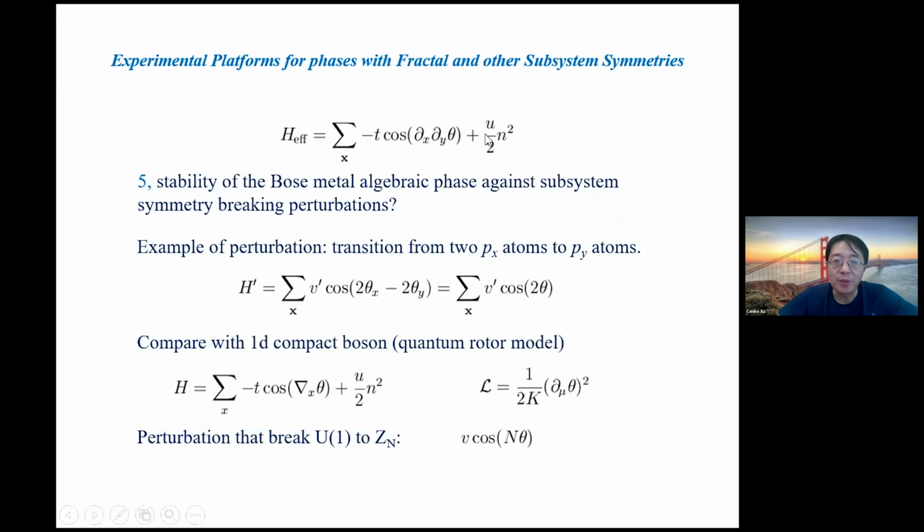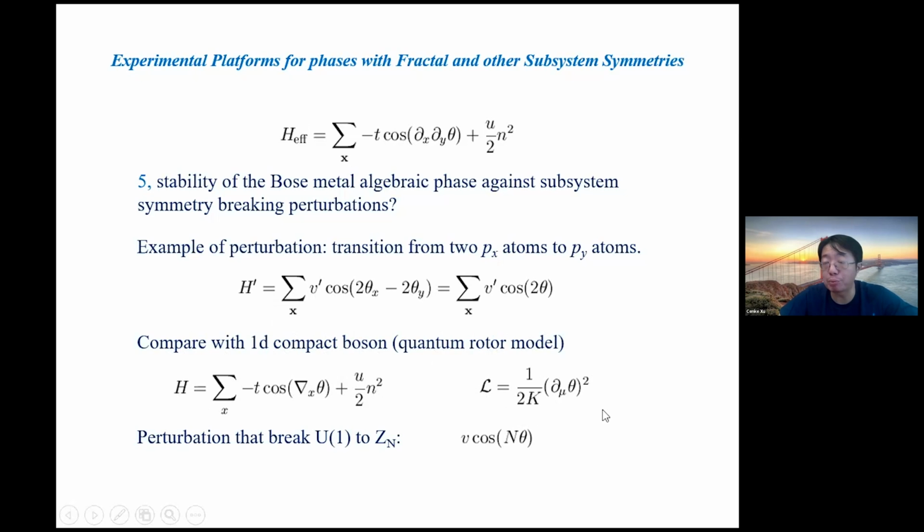We can compare this model with a one-dimensional compact boson. For the one-dimensional compact boson or quantum rotor model, we know very well that this model has a gapless conformal field theory phase, with this kind of Lagrangian, and we can analyze instabilities of this model.